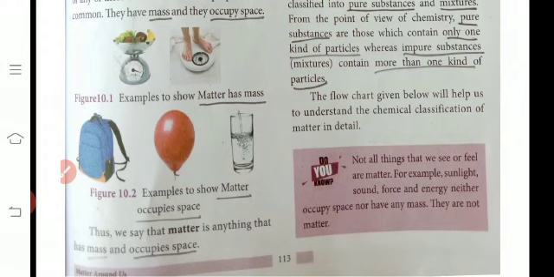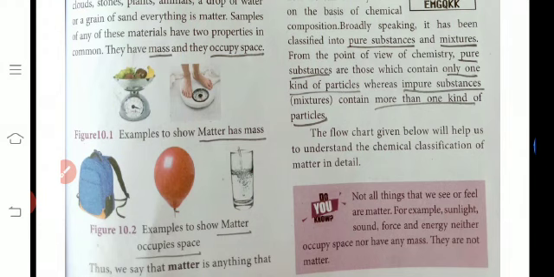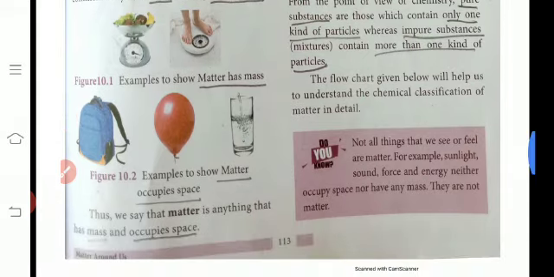Sunlight, sound, force, energy are not matter. Here see the examples to show matter has mass, and examples to show matter occupies space. Thus we say matter is anything that has mass and occupies space.